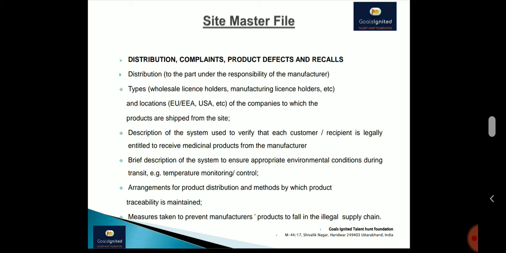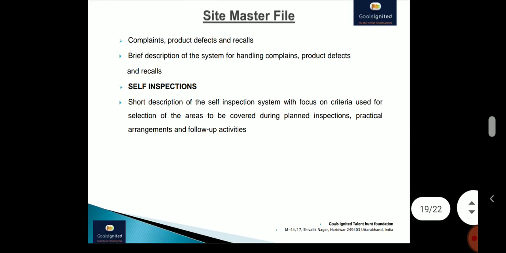Then the self inspection, that is the internal inspection, basically internal audit we may say. As per the SOP, you need to prepare a team of cross functional department heads, and there will be a lead auditor, and the team will go to the different departments on different dates, and the auditee will welcome the auditors.